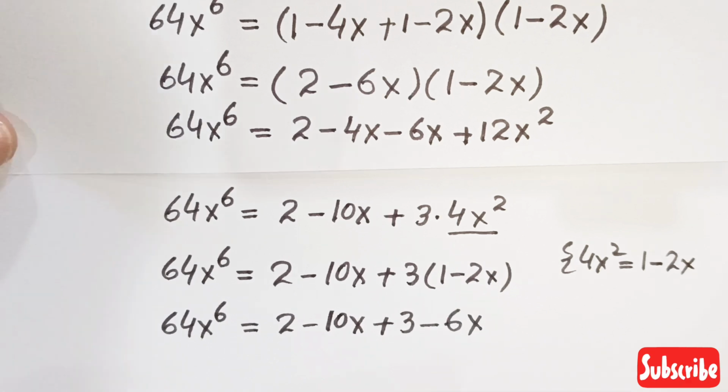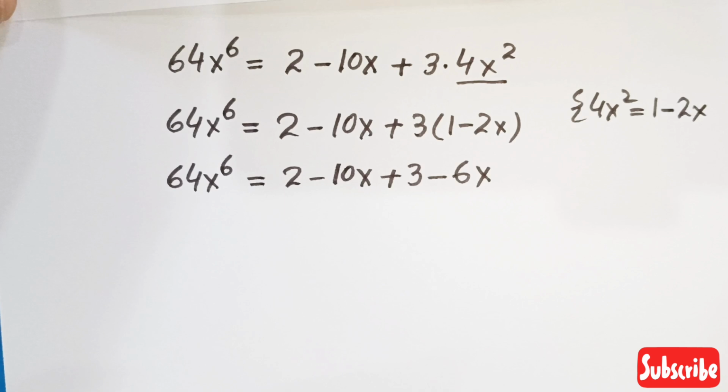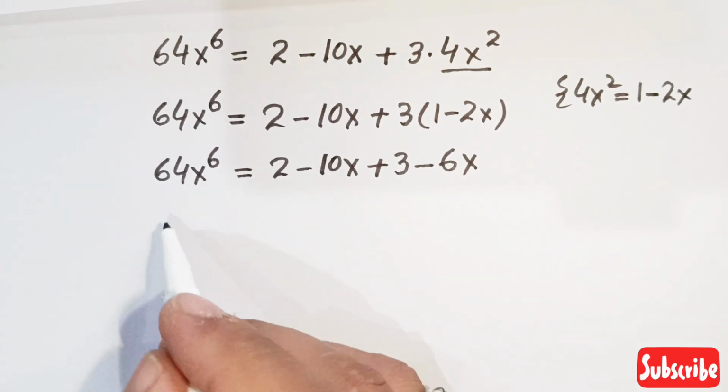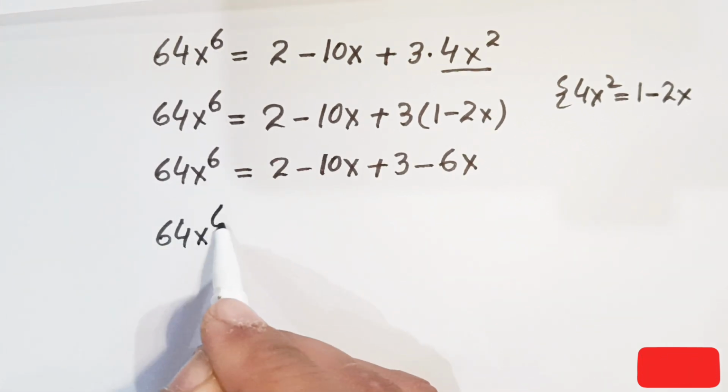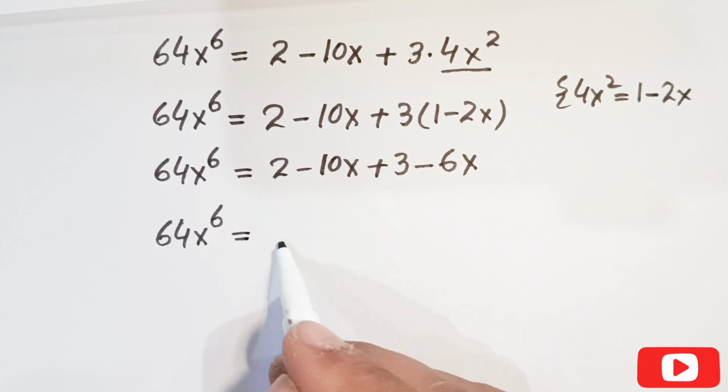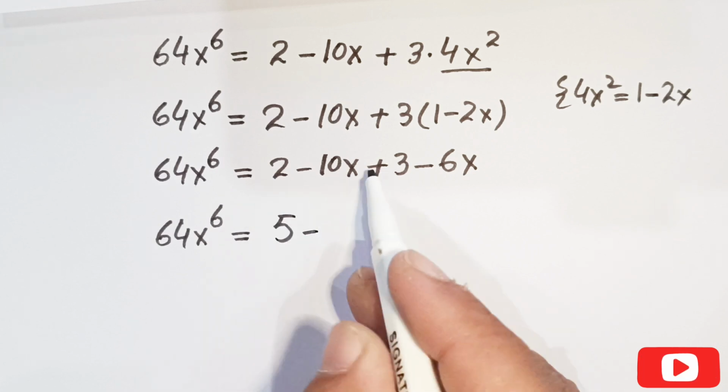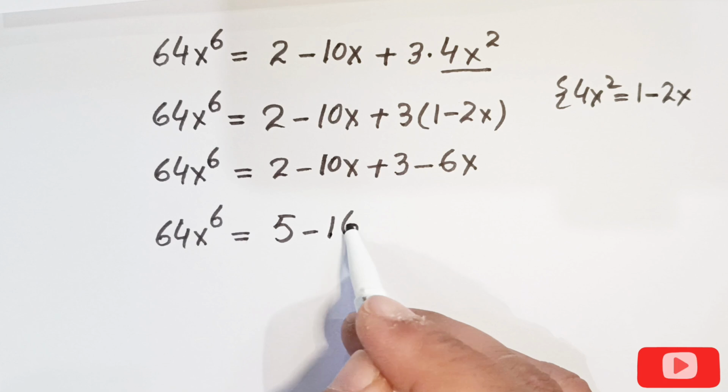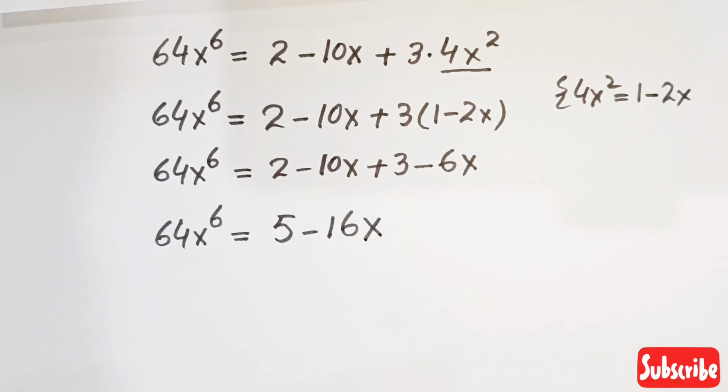Here we have 64x to the power 6 is equal to, plus 2 plus 3 we get plus 5, and minus 10 and minus 6 is minus 16x. So now we have 5 minus 16x.